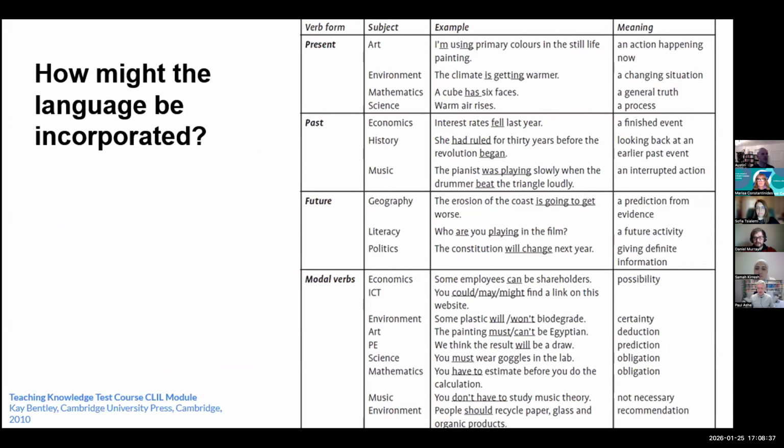If the syllabus says this unit needs to talk about the future, what do you think the reading text is going to be about? Space. Space and space science. Yeah, exactly.